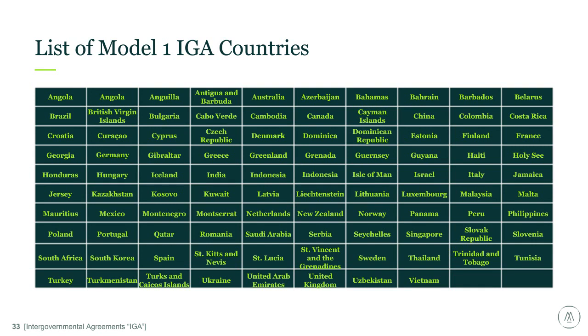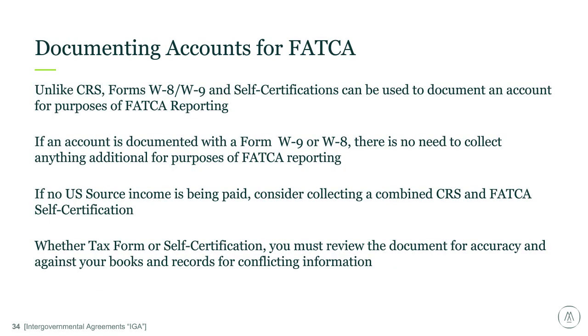All right, so documenting accounts for FATCA. We use CRS or IRS forms W8 and W9. Self-certifications can be used, but only where you don't have payments of U.S. source income.